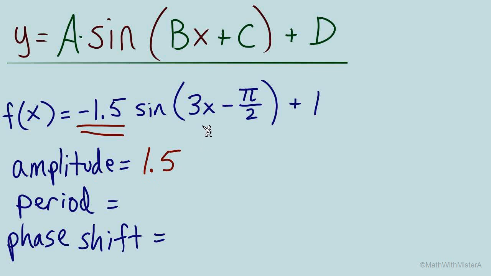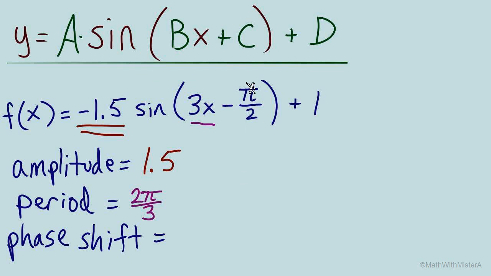Next, the period. We know that we look at the b transformation for the period, but we need to do 2 pi divided by that number. 2 pi divided by 3 is our new period. Remember, by default we start at 2 pi if we're dealing with a sine function, and dividing by b gets us to our new period, 2 pi over 3.